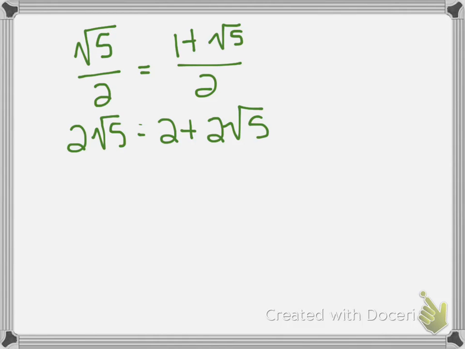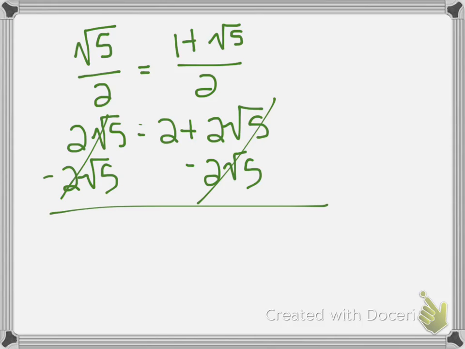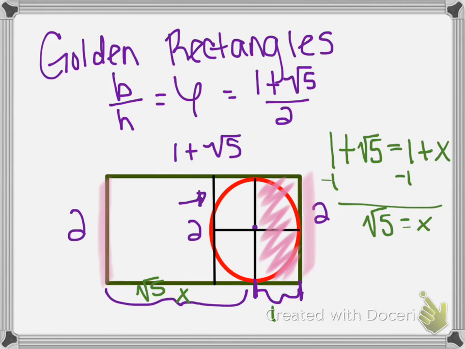Subtracting 2 square root of 5 from both sides, those cancel, and we get 0 equals 2. So these two ratios are not proportional, which means our other rectangle is not a golden rectangle either.